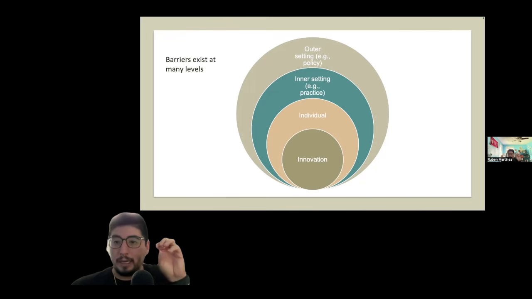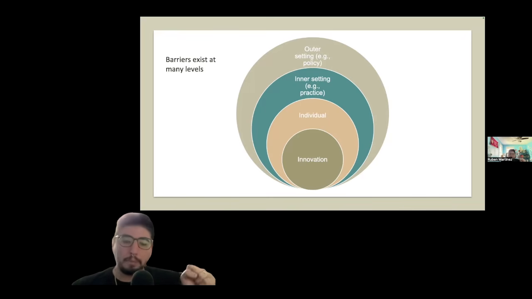Because that nesting is individual within inner setting within outer setting, and the innovation is sort of nested in all of that. The reason why is because if we can understand where the majority of our barriers are, that's generally a good level at which to develop your strategies, which we'll talk about in just a sec.